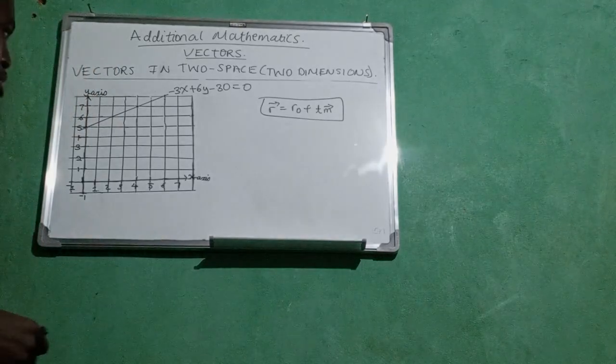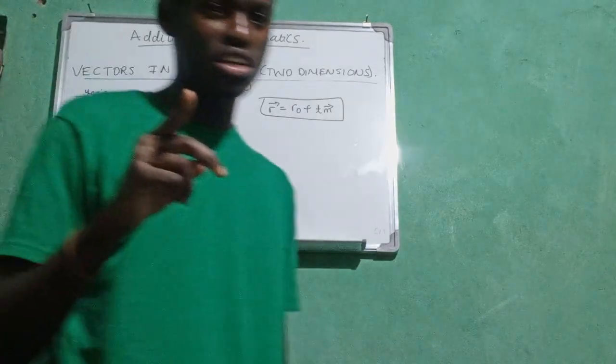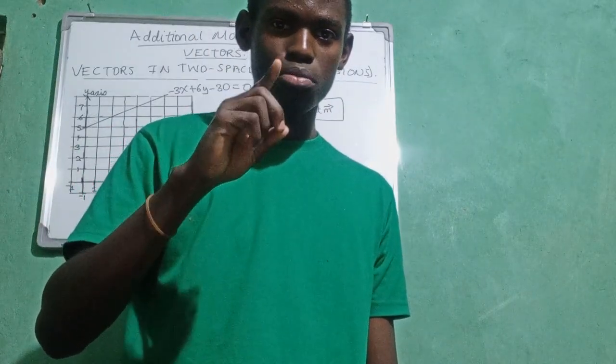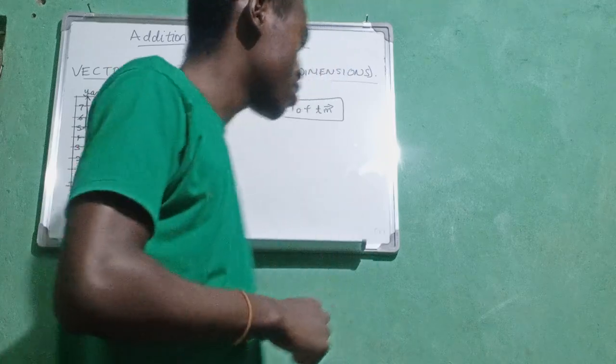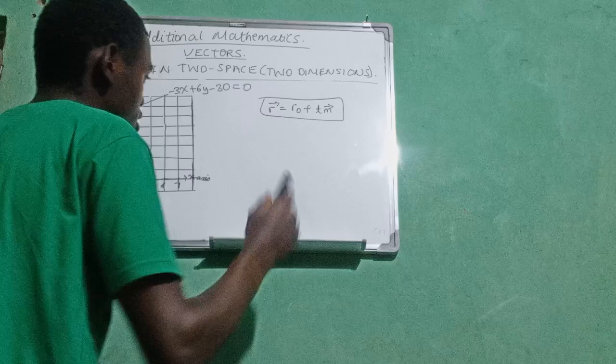So what we're going to do here is, let's think of r naught. R naught can be any position vector that has its tip on the scalar equation. So an example is 2, 6.